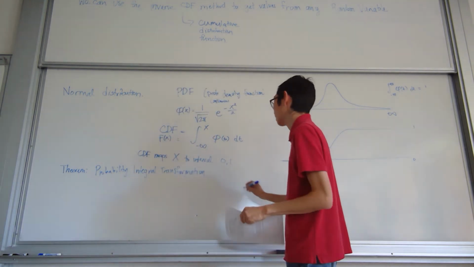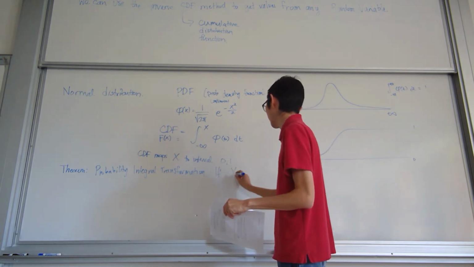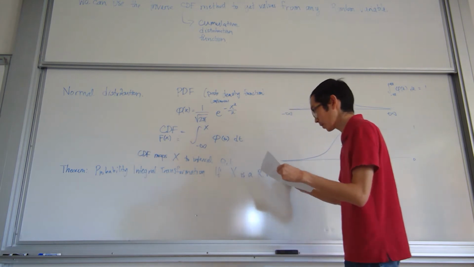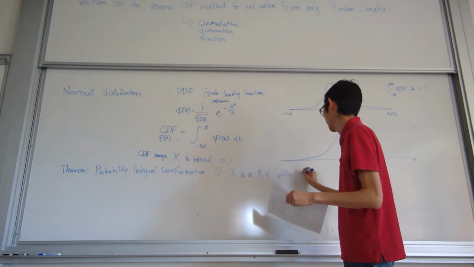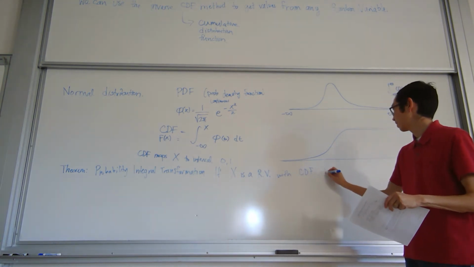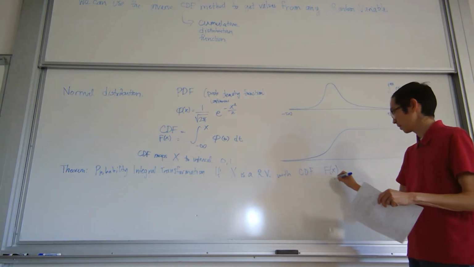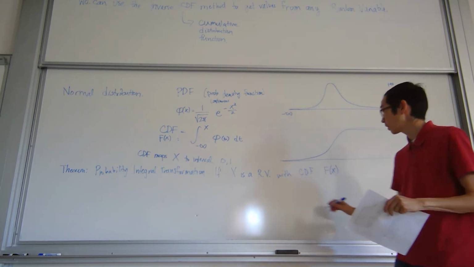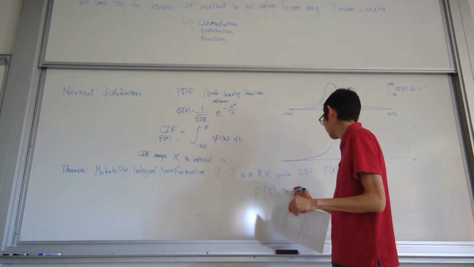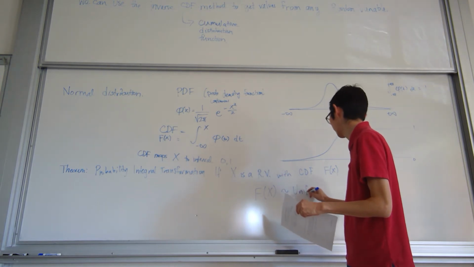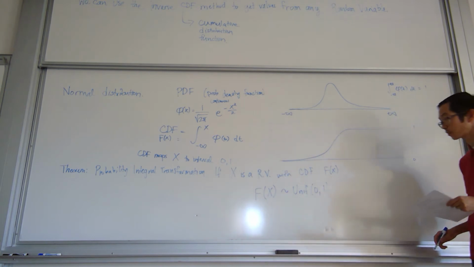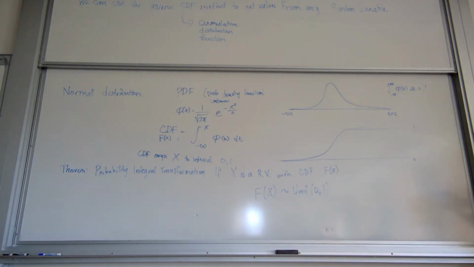And this says if x is a random variable with cumulative distribution function F of x, then F of x itself comes from the uniform distribution from 0 to 1.